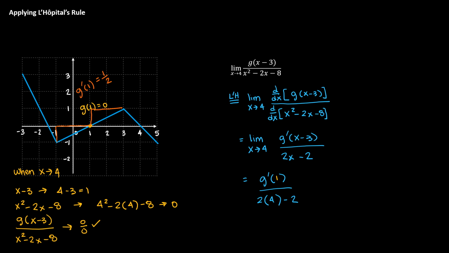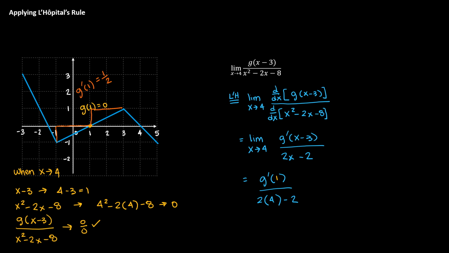Now, the fact that we're saying g prime at 1 is 1/2 is true, but it would also be true at 0, at 2, at 1.5, at 2.5, over that entire segment where we just read the slope. The derivative of g is 1/2 along that entire segment. But we only care about what happens exactly at 1, so that's why we're writing g prime at 1 equals 1/2.